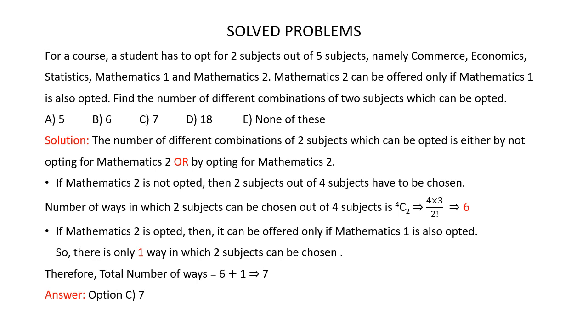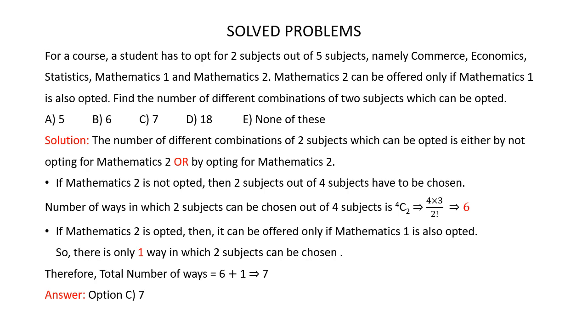So the student has 2 options. He can either choose mathematics 2 as one of the subjects, or he can opt out of mathematics 2. That is, he can select any other 2 subjects other than mathematics 2.